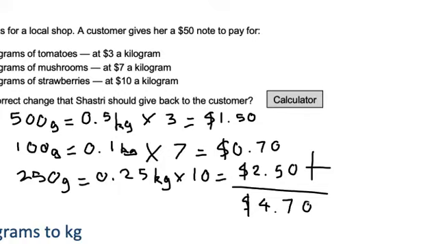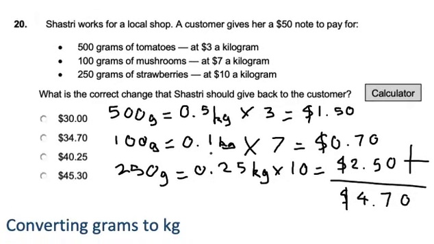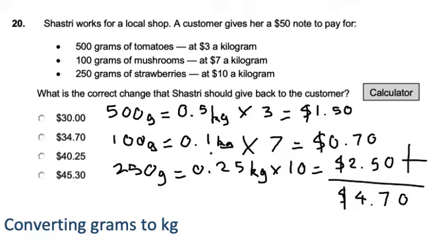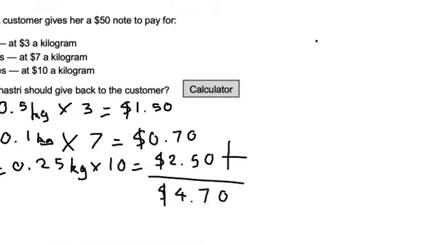Okay, now remember, that's not the end of our question. The question is asking, what is the correct change that should be given back to the customer? So we're going to do our second part of the question now, and we're going to remember that the customer paid with a $50 note. I need to see how much I need to give back, so I'm going to say $50 take away $4.70.